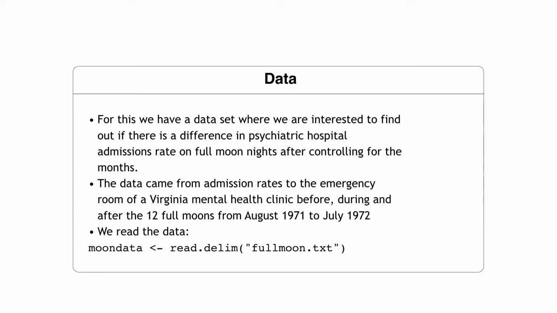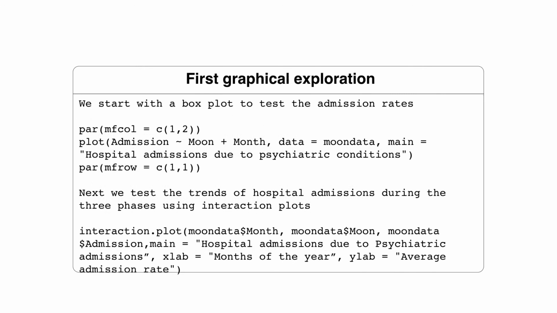The data is stored in a data file called fullmoon.txt, and we have saved it into the data file called moon data. As we have been doing for some time now, it's a good idea to start this analysis with a box plot. Why a box plot?